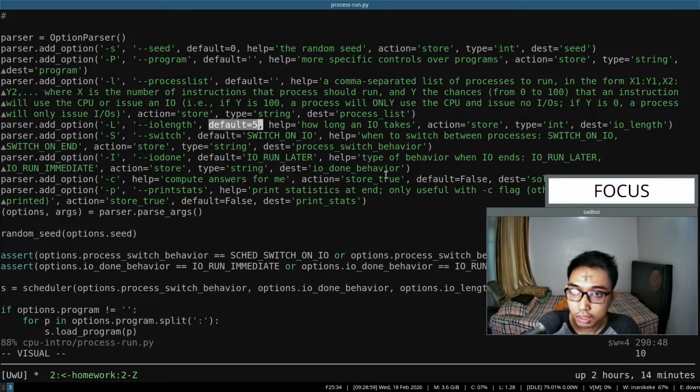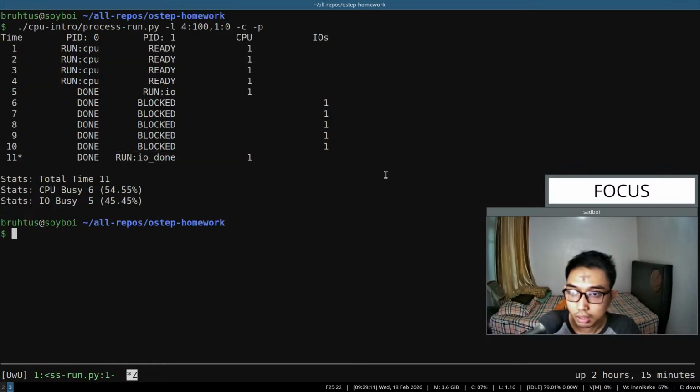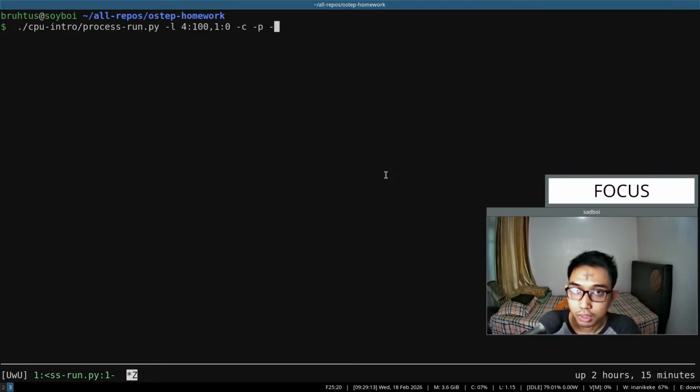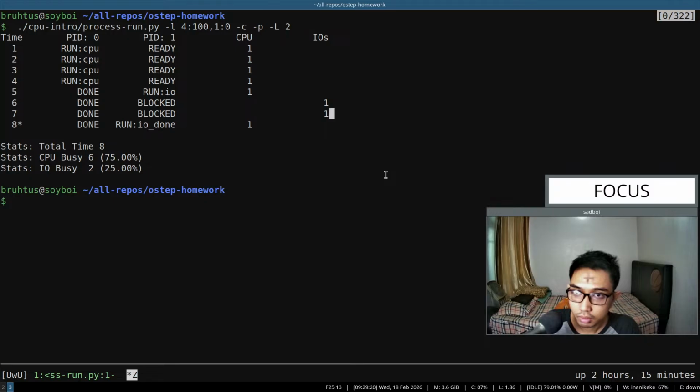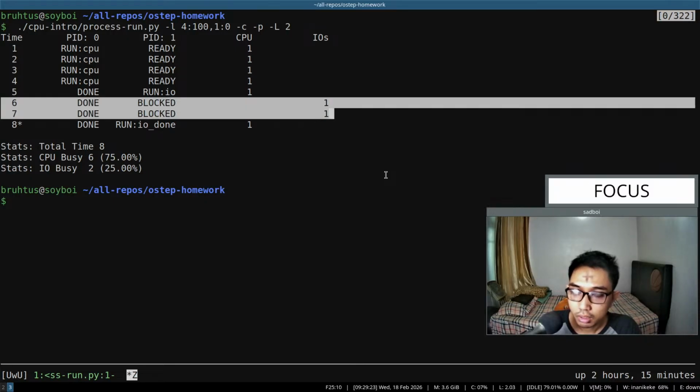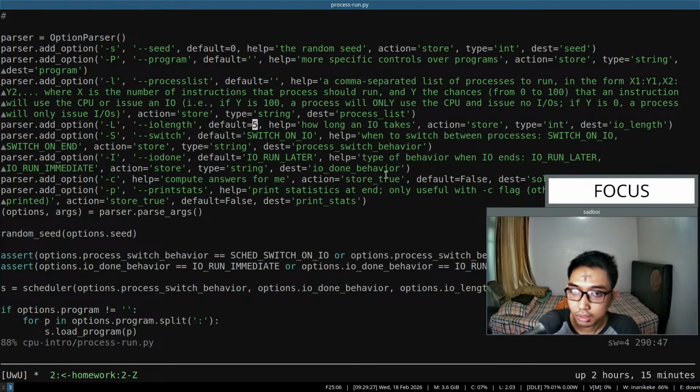This one, the input-output line, the default is 5. How long an input-output takes? So if we change this, right, maybe something like 2, maybe. It's only take 2 times. Okay. So the 5 is from here. Input-output line.